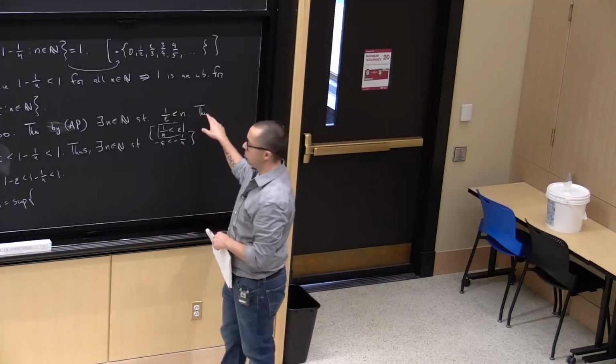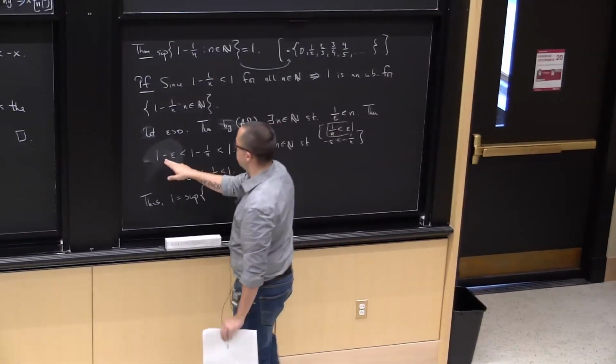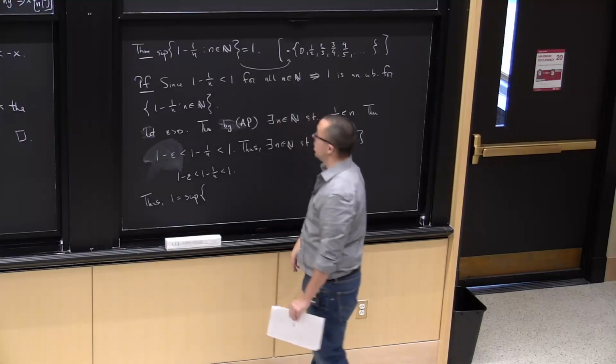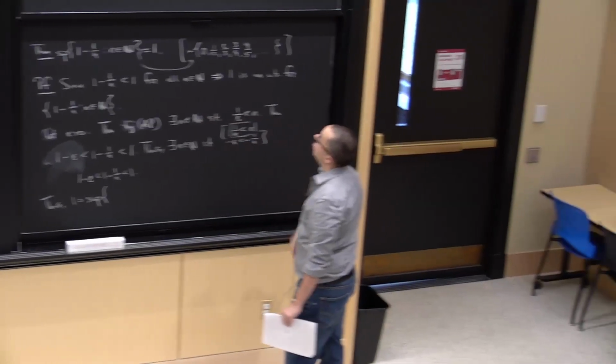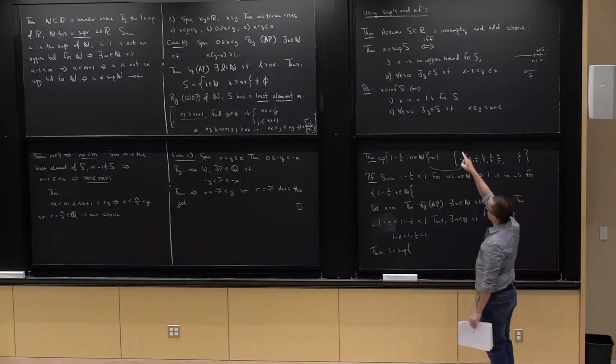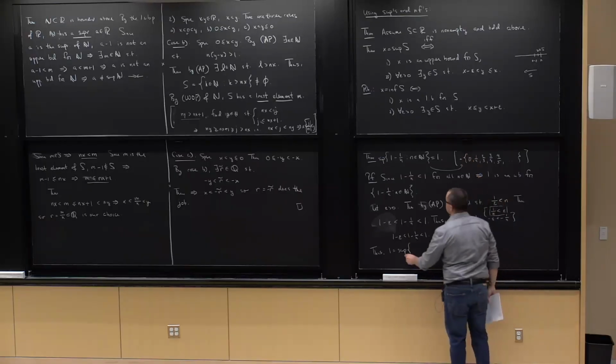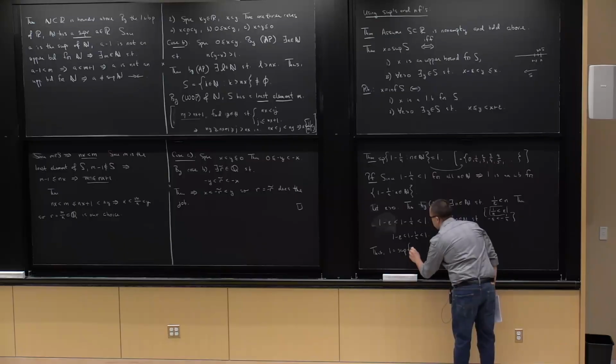And so from there, we concluded that 1 minus epsilon is less than 1 minus 1 over n, which is still less than 1. Therefore, we have proven the second property of 1, and thus, by the theorem, 1 is equal to the supremum of this set.